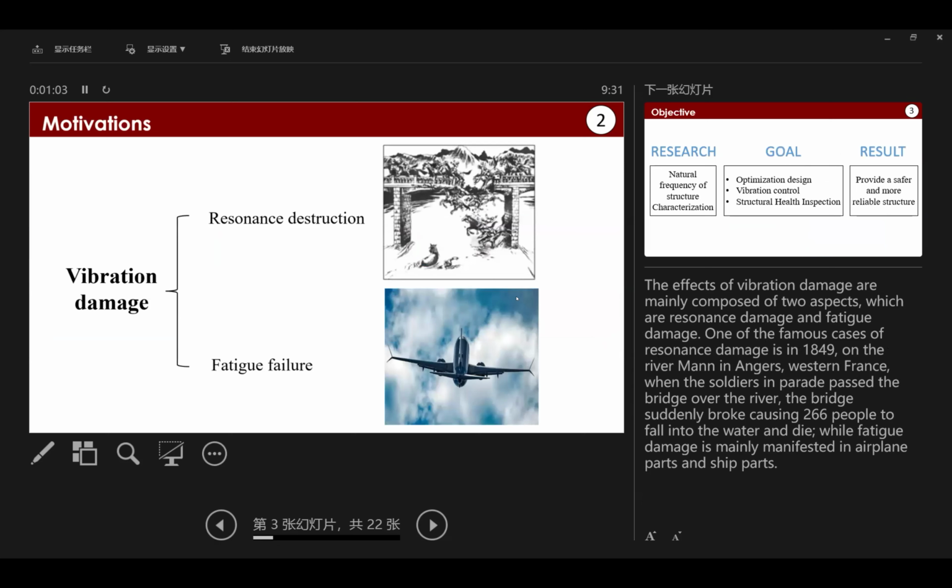The effects of vibration damage are mainly composed of 2 aspects, which are resonance damage and fatigue damage. One of the famous cases of resonance damage is in 1849 on the River Main in Angers, Western France.